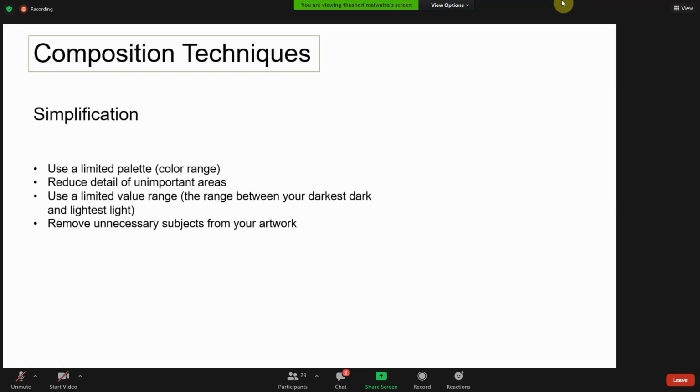So use a limited value range. Not very dark areas and very light areas are also there. We can feel it either it's dark or light. And remove unnecessary subjects from your artwork. Even when we are taking pictures, we don't keep the subjects we don't want to read.